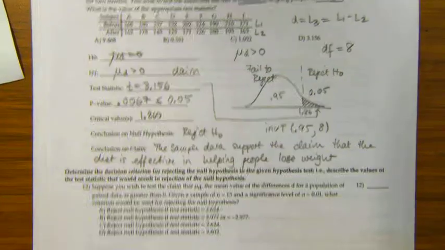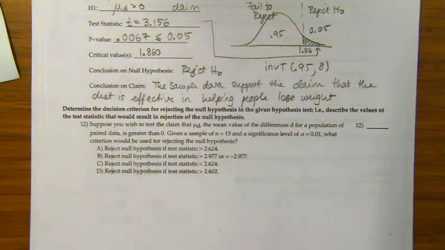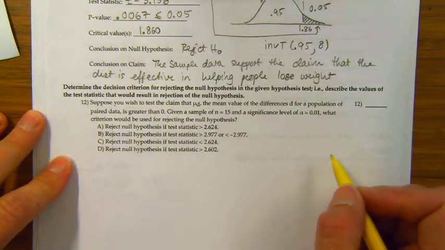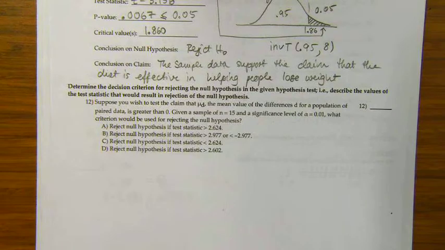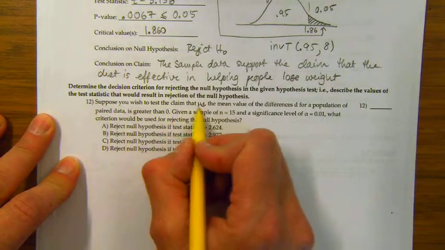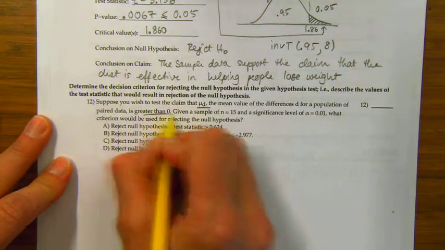Right, let's look at the next question as well. It says, determine the decision criterion for rejecting the null hypothesis in the given hypothesis test. So suppose you wish to test a claim that mu difference, the value of the difference d for a population of paired data, is greater than 0.